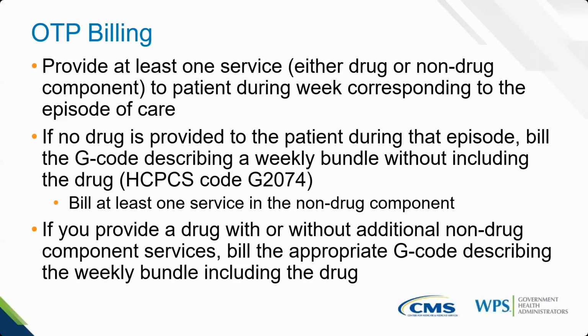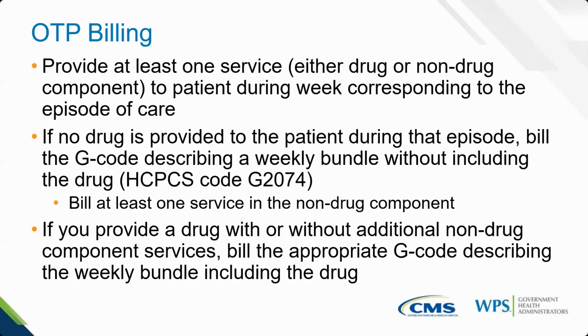So for example, code G2074. With this, bill at least one service in the non-drug component. And if you are providing a drug with or without additional non-drug components, again, billing that appropriate G code describing the weekly bundle, including the drug, applies.